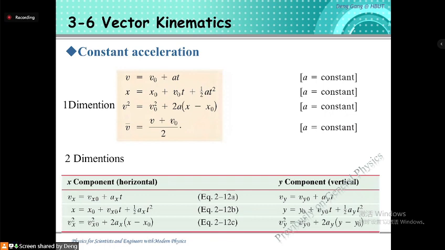Like here, it's v equals v0 plus at, and here it's vx equals vx0 plus axt. And for y components, we just change the subscript. So that means kinematics in 2 dimensions is almost the same as in 1 dimension. We just need to use the component form.